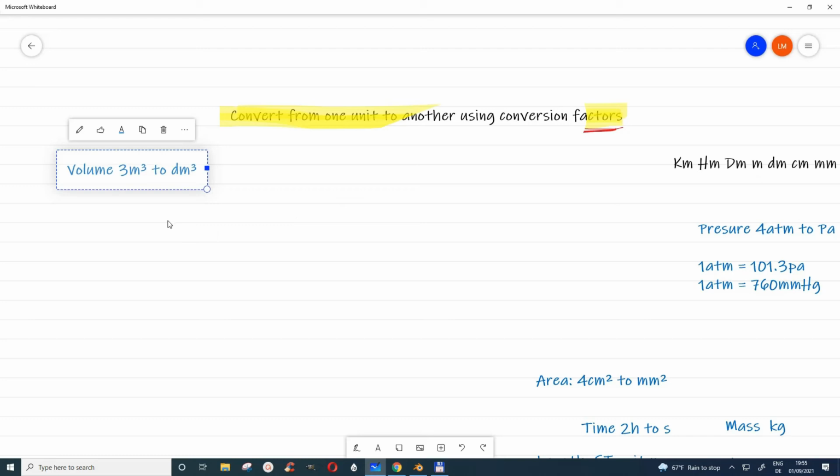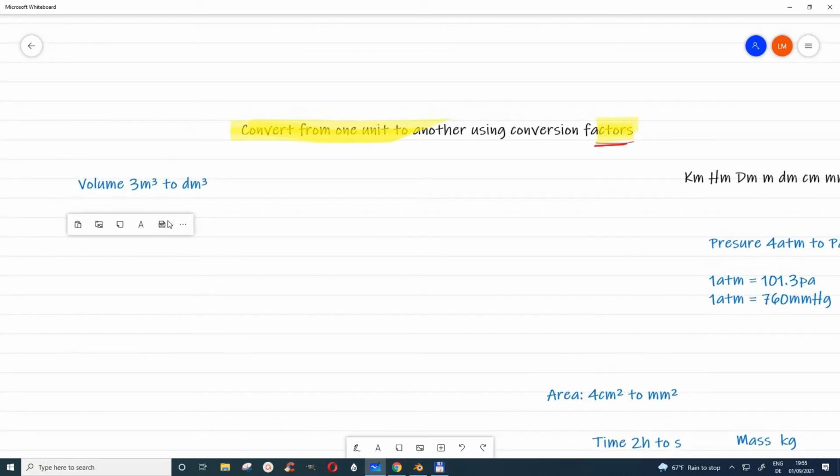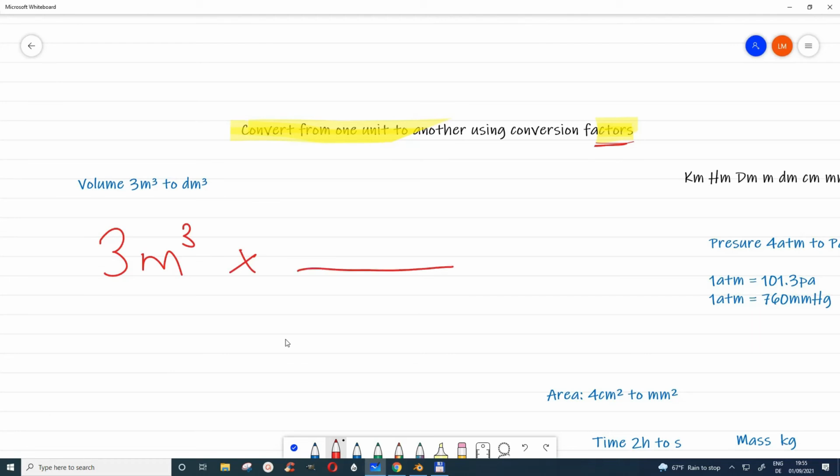And then to resolve it, we would write as usual what we have. So we have our 3 meters cube, and then we are going to multiply it. We need meters cube here, we need decimeters cube here.